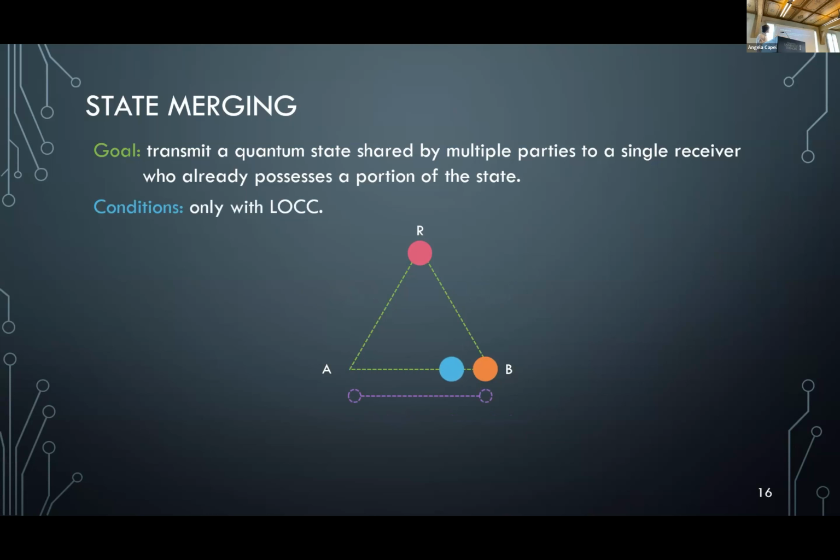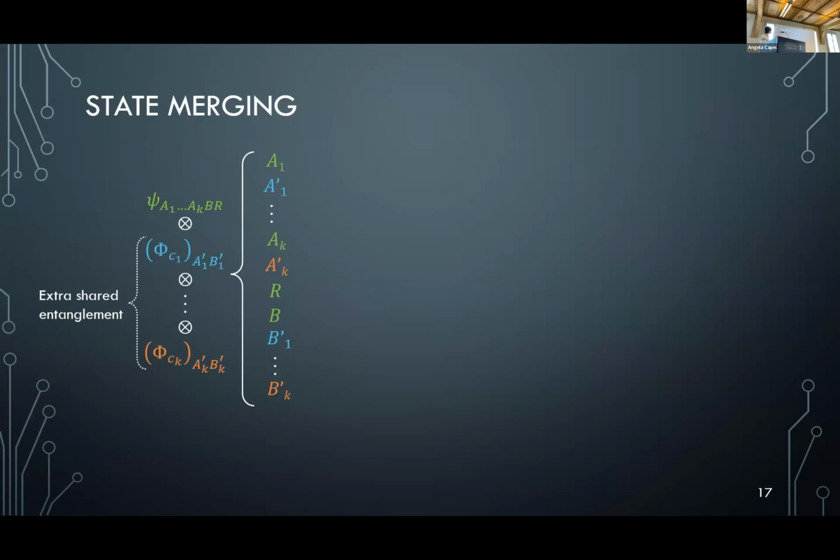After we send the share of the state with local operations and classical communication, we will be left with some entanglement, and we are very interested in the difference between the entanglement that we have at the beginning and the one that we have in the end, so the amount of entanglement that we use for this process.